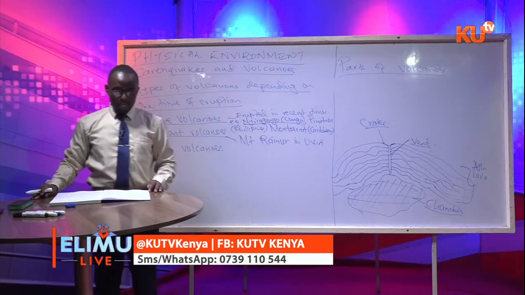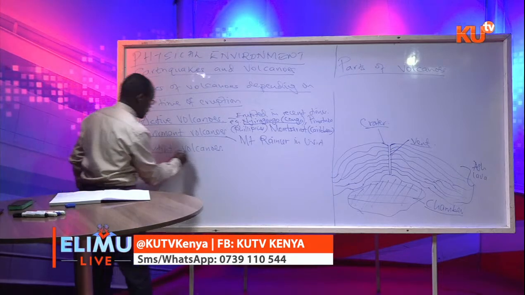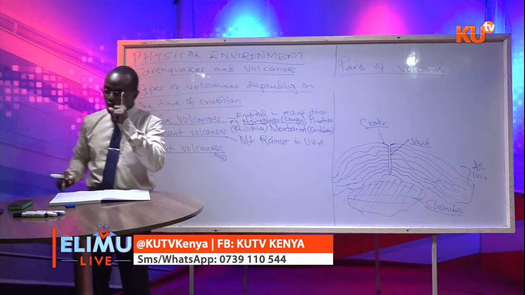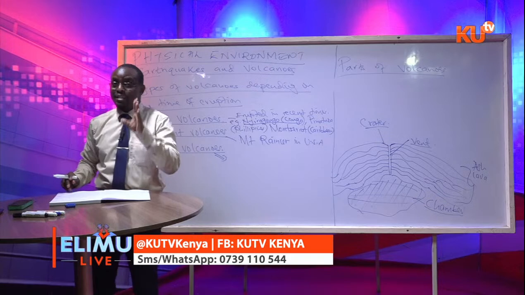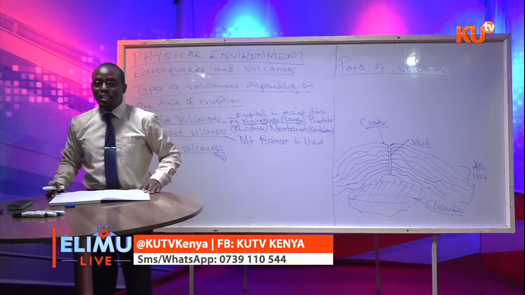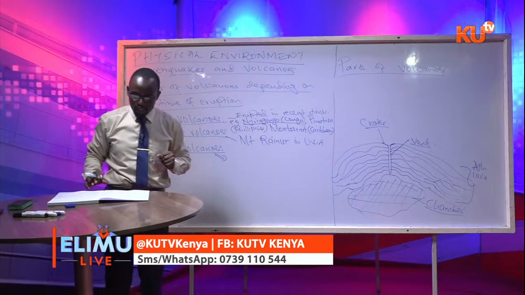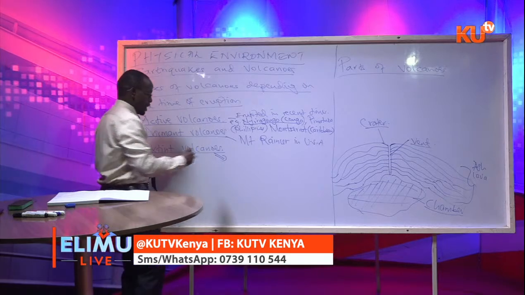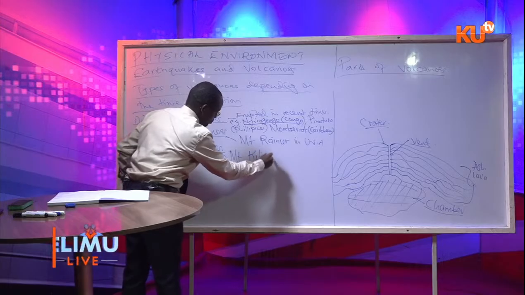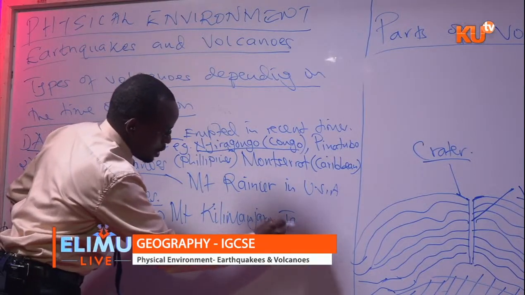Now, number three is extinct volcanoes. These are some of the mountains that have erupted once during their time of formation, and since then they have never erupted again. These mountains erupted only once during the time of formation, such as, of course, Mount Kilimanjaro in Tanzania.